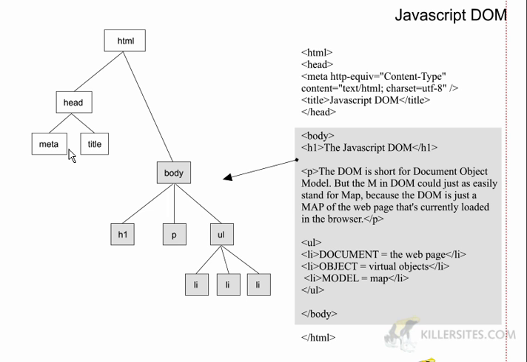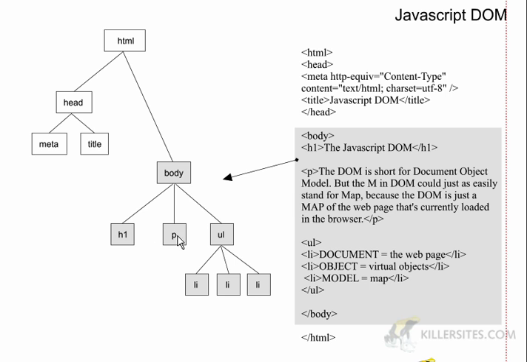I'm hoping that you're starting to see the tree-like hierarchy that the DOM model represents. Let's scroll down here. All this code highlighted in gray represents this stuff highlighted in gray here. So we start with the body, and the body wraps all these tags, of course. So we have the body at the top of this hierarchy, and underneath the body fall all these tags.